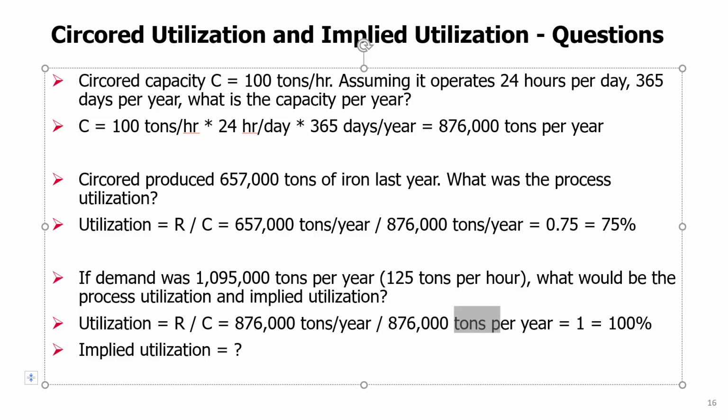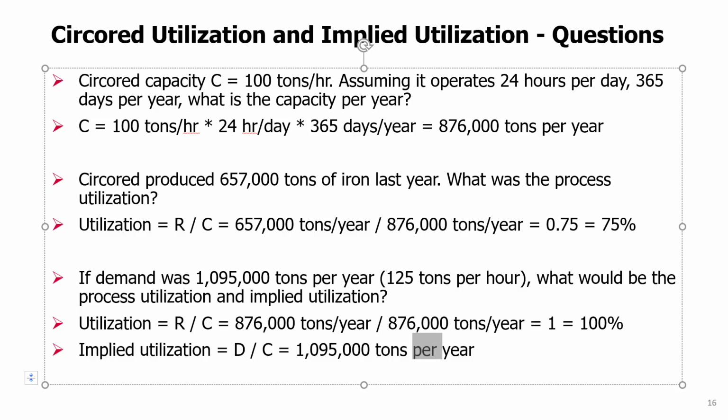What is the implied utilization, however? Implied utilization, if you recall, is demand over capacity, and demand here is 1,095,000 tons per year. We divide this by capacity, 876,000 tons per year, which is 1.25 or 125%.